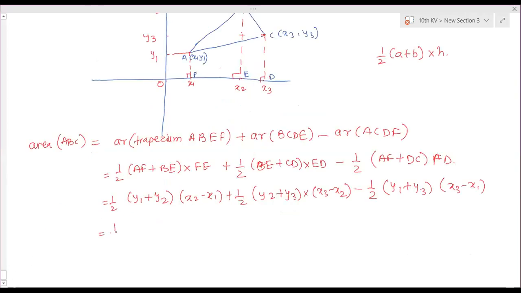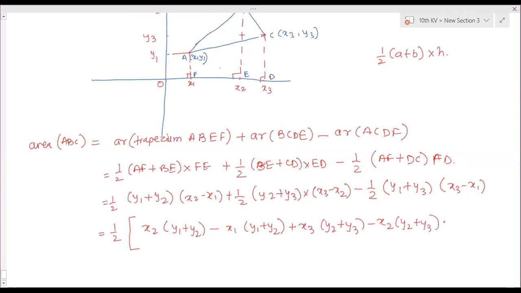Then half we will take common. Now we'll keep this constant x2, only we'll take this as x2 into y1 plus y2 minus x1 into y1 plus y2. Then this one plus x3 into y2 plus y3 minus x2 into y2 plus y3.